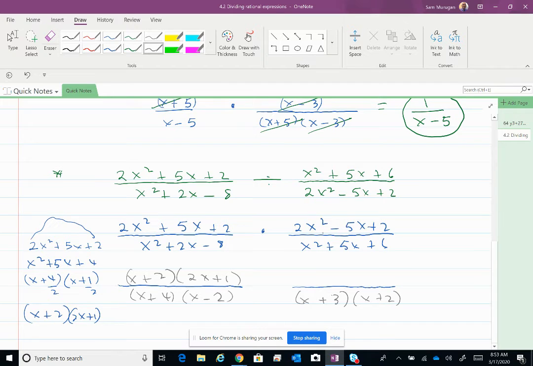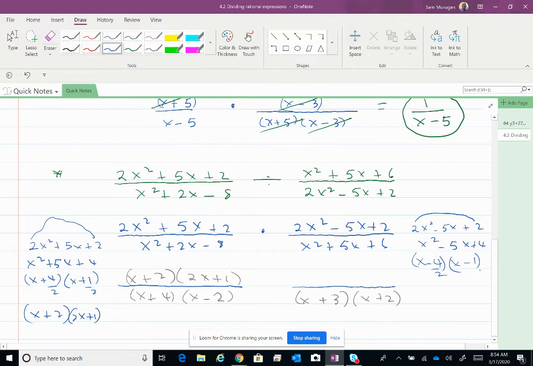And then we need to factor the numerator here. So we're going to do that on the side. So multiply the 2 times the 2, we have x squared minus 5x plus 4. Factor. Two numbers that multiply to give 4, add to give negative 5 would be x minus 4 and x minus 1.